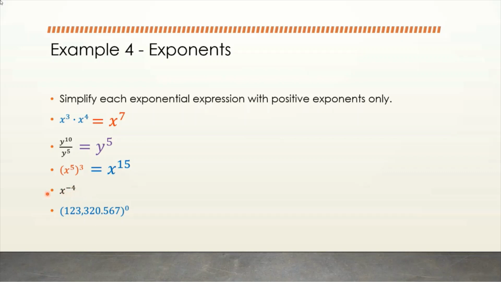Here, it's in the numerator. You can put it over 1 if you want, and then bring it down. So that would be 1 over x to the 4th. Now, 123,320 and 567 thousandths raised to the 0 power. Anything raised to the 0 power is just 1.